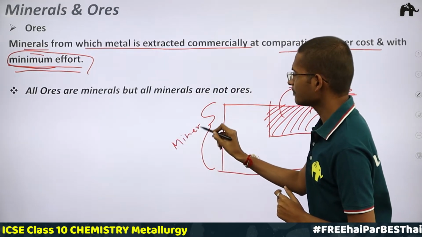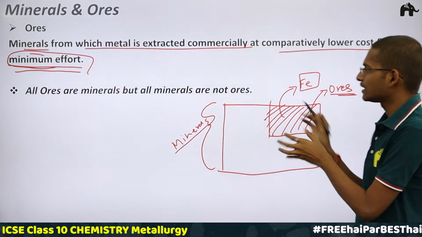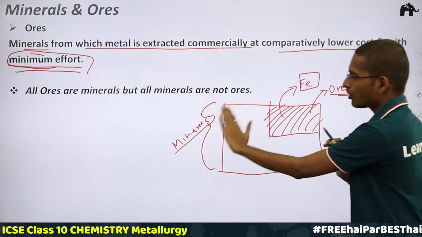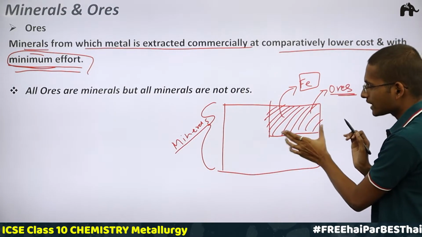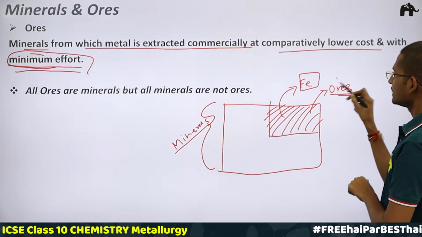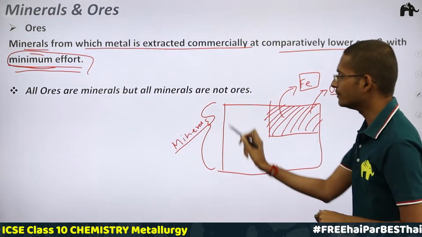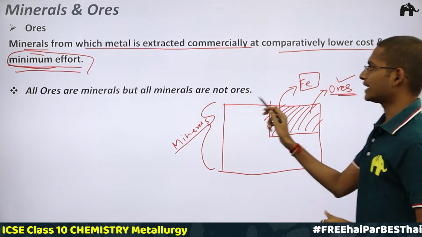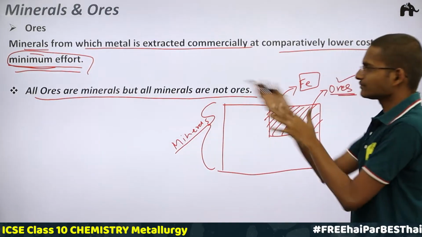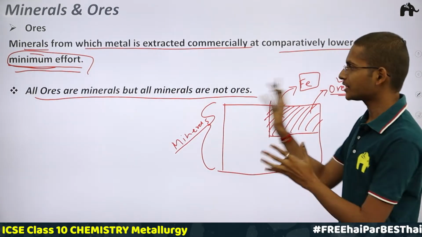Now the simple logic is: all minerals are not ores, right? Some minerals are not ores, we can see here, but all ores, yes, all ores are minerals. Clear? So that's it, simply. Once you understand this, it's very simple to understand this statement.